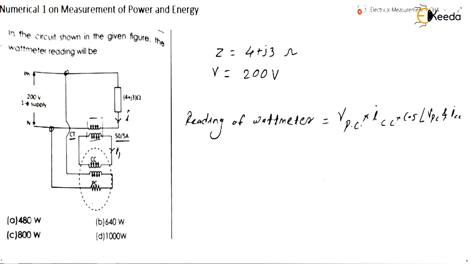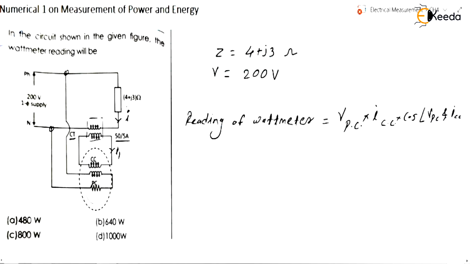Are you getting the point? So first of all, can we find the angle between VPC and ICC? Yes, VPC is nothing but the voltage across the potential coil, which is the same as the supply voltage. And the current flowing through the current coil of the wattmeter is some reduced current level of that I.